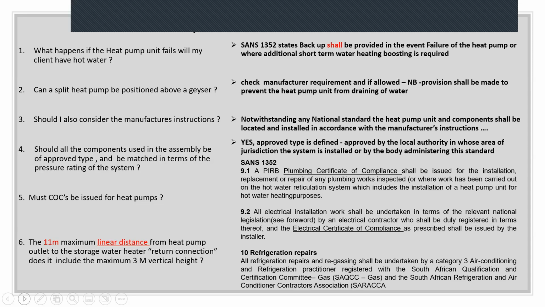We just need to stop and ask, what is linear distance? For those who may not know, linear distance is the distance between two given points. So if, for example, the outlet of the heat pump and the return connection of the storage water heater.